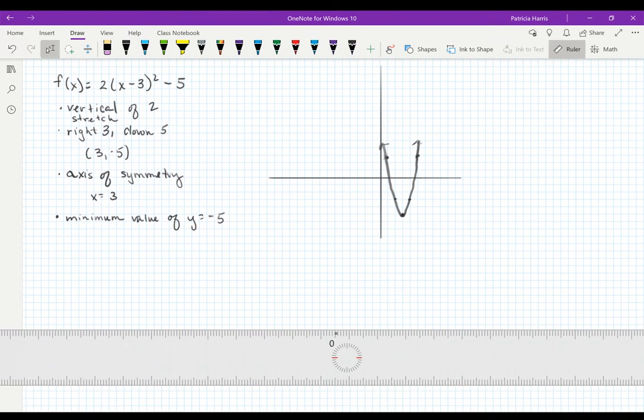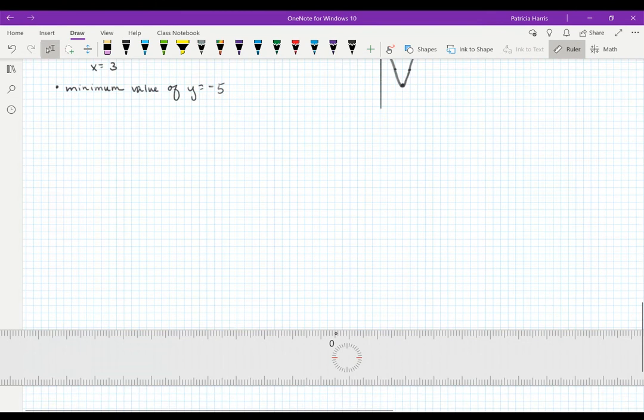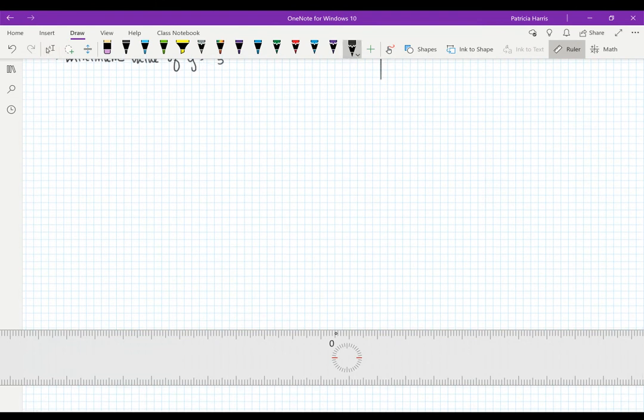Now, remember, absolute value functions look like V's. So the sides of them are perfectly straight lines. You're not going to curve. That's the most important thing. Okay. So f of x equals 2 times the absolute value of x minus 3, minus 5.